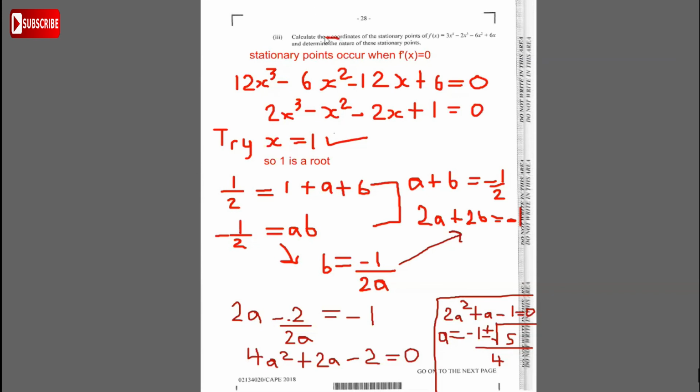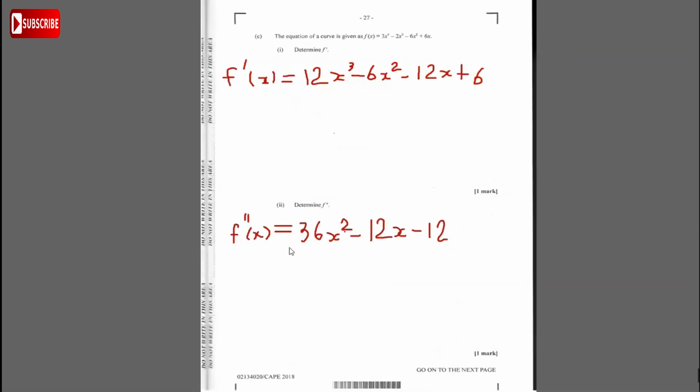Now they said determine the nature of these stationary points. To determine their nature, you have to go back to the second derivative, which is 36x squared minus 12x minus 12.